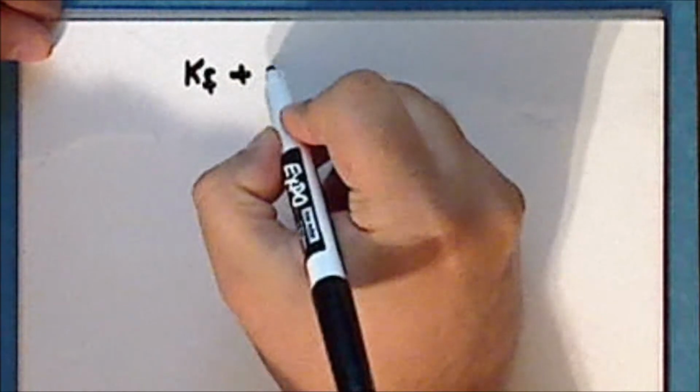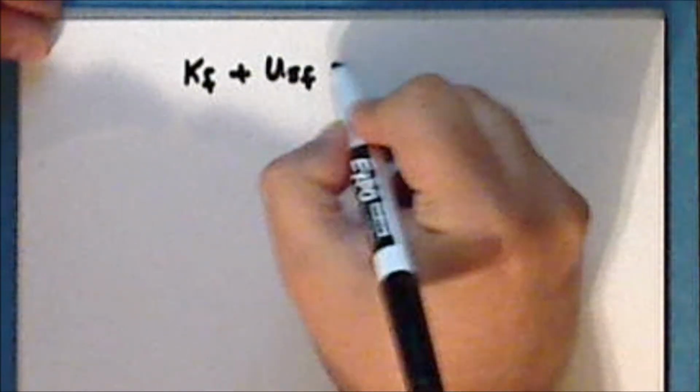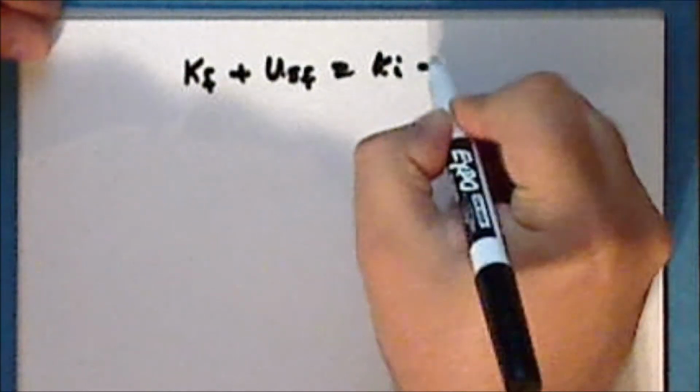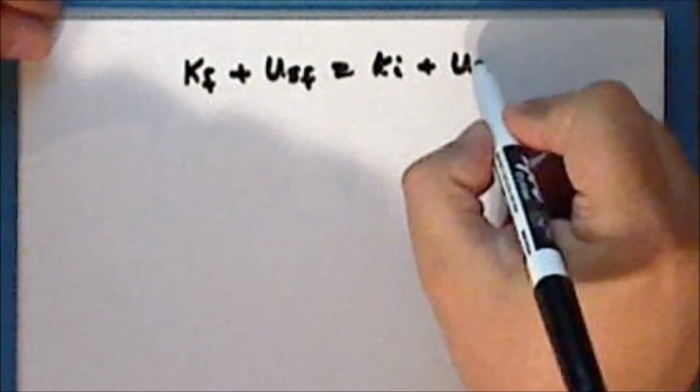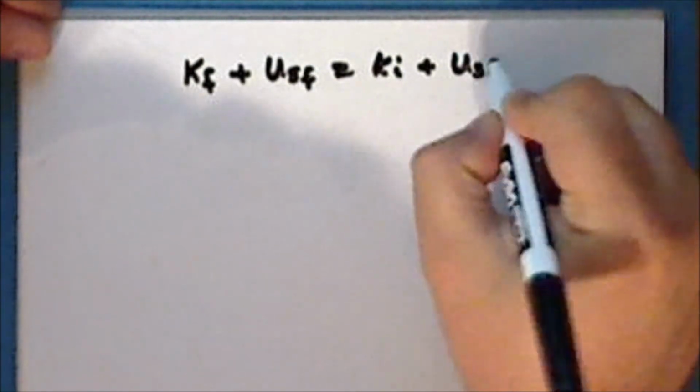Okay, so since there is no friction in the system, and we can assume that the spring is not deformed, we can apply conservation of mechanical energy. And so we have that the final kinetic energy plus the final elastic potential energy of the spring is equal to the initial kinetic energy plus the initial elastic potential energy of the spring.